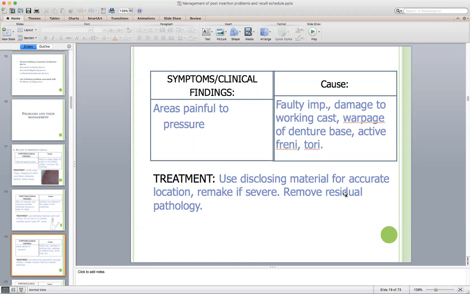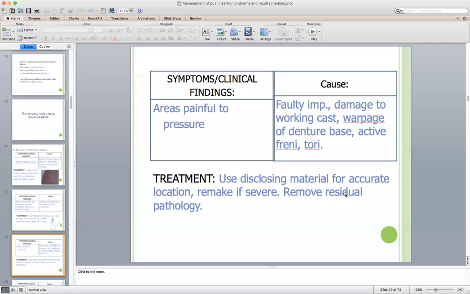So again, the treatment for it is using a disclosing material. This disclosing material is either marketed as a disclosing material itself, or we can use the base of zinc oxide eugenol impression paste, or a toothpaste.